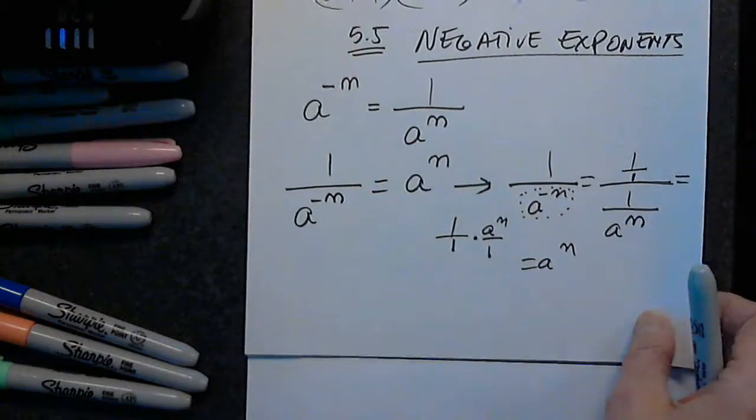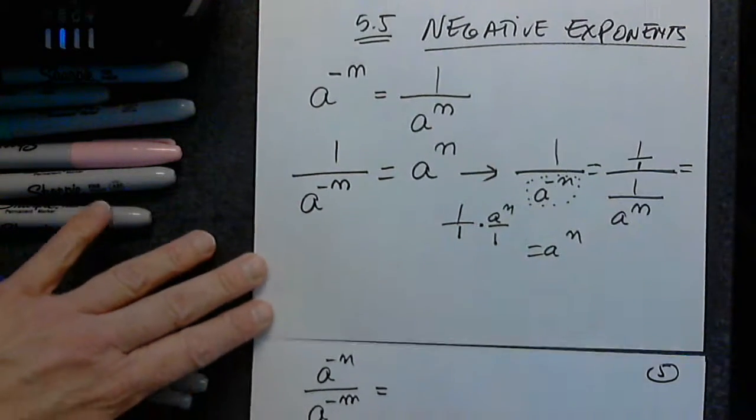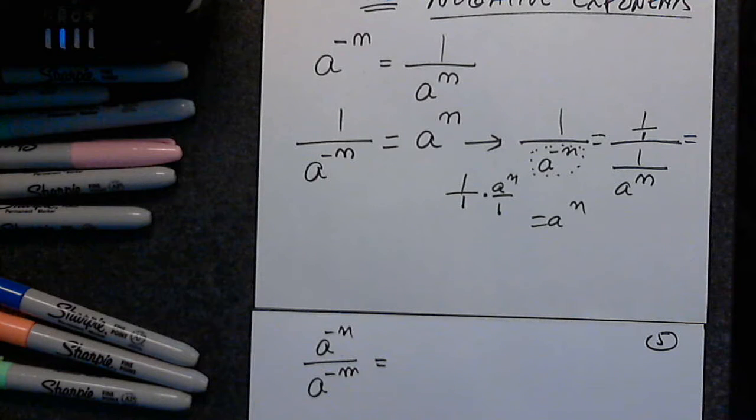Now, once we talked about that, what do you think a to negative n over a to negative m would be replaced by? What do you think? Because this is a summary of the first two. Where will this one go? That will be 1 over.